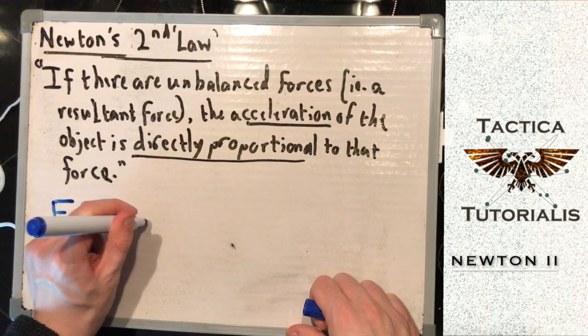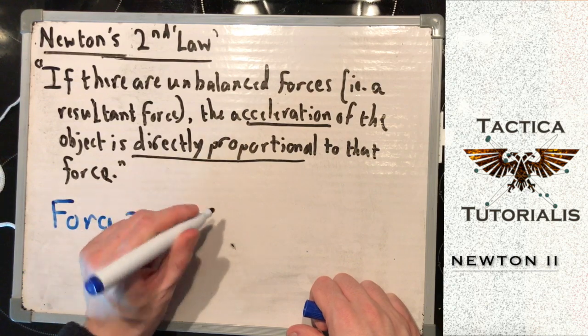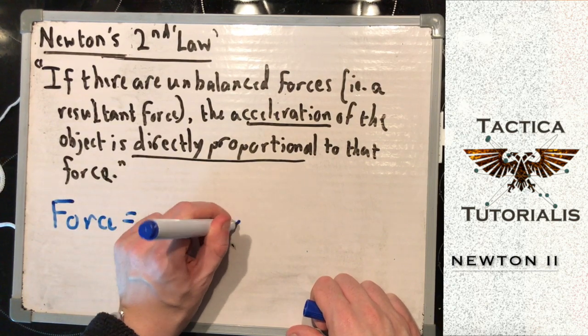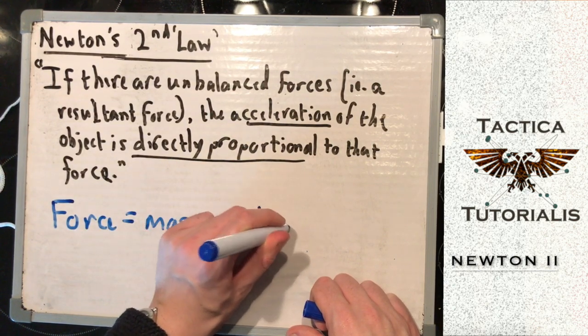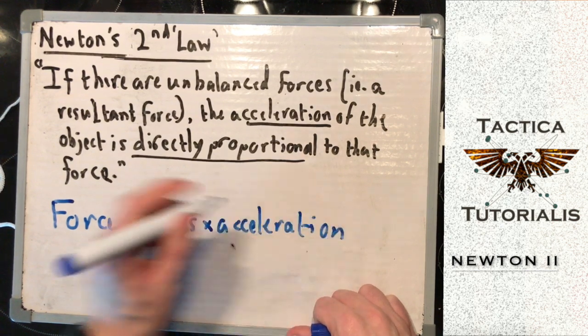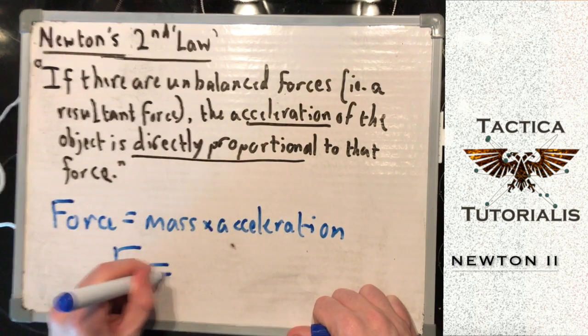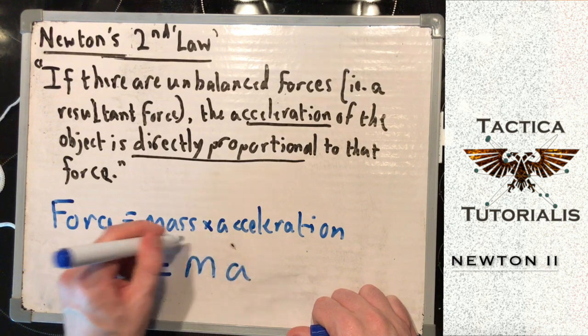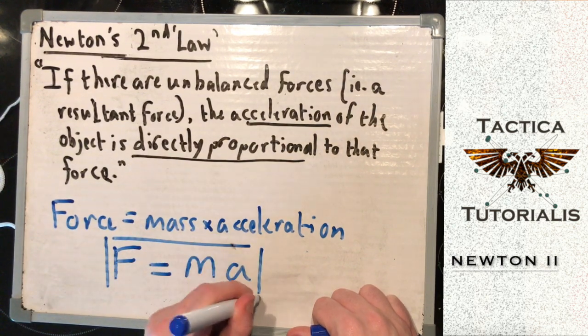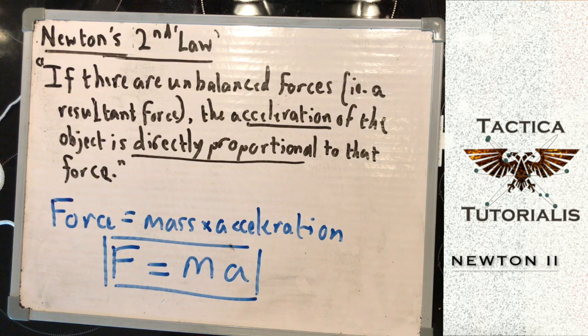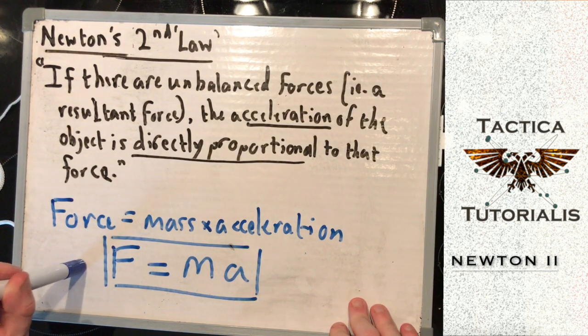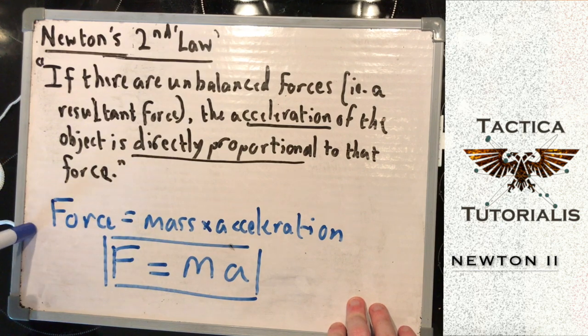This is Newton's second law, and this is all you'd ever be asked to write down pretty much in an exam, and it's certainly what you'd be expected to use. F equals ma. One of, if not the most famous equation in physics, with the possible exception of E equals mc squared. F equals ma. Force equals mass times acceleration.